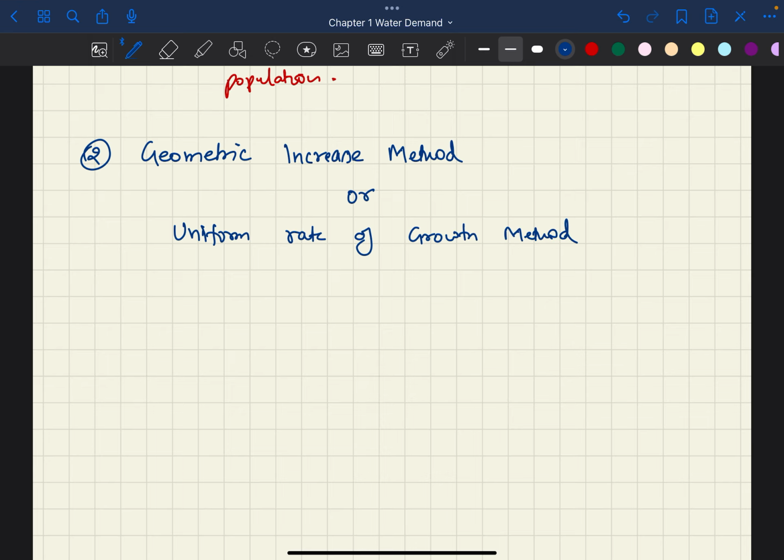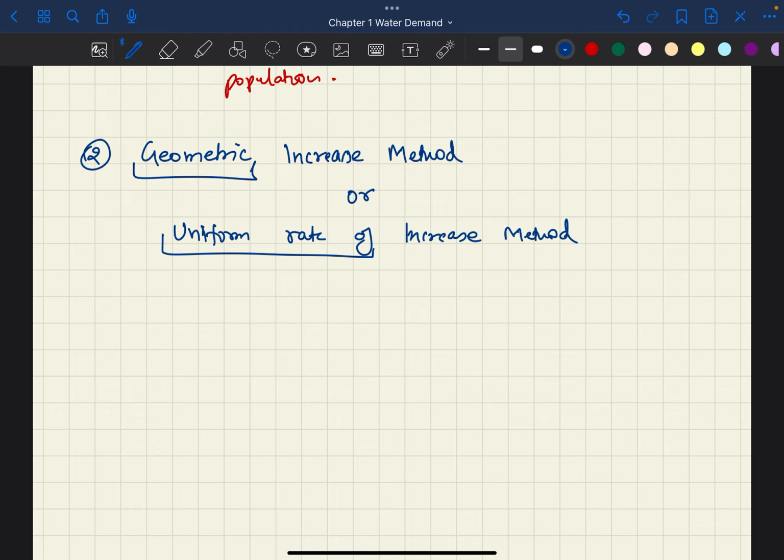Many times in exam like GATE, they may ask uniform rate of increase method. So geometric increase method or uniform rate of increase method. So geometric is equal to uniform rate. This is to get an idea.